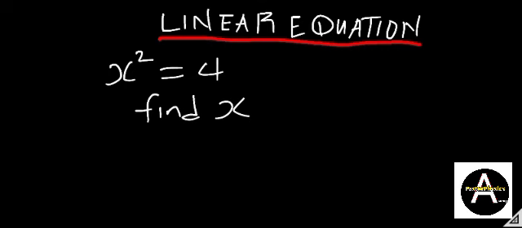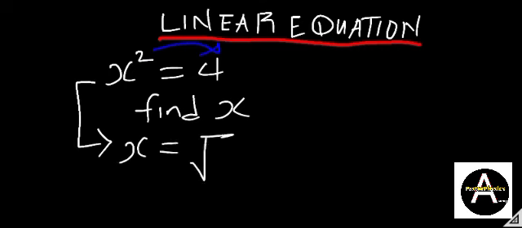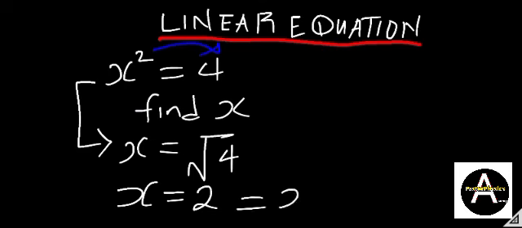So what do we do when we remove this square connected to x? It crosses to the other side, and we know from our first law that when square is crossing to the other side, it becomes square root. So this is the same thing as saying x is equal to the square root of 4, right? And the square root of 4 is equal to 2. So the answer to this solution is x is equal to 2.